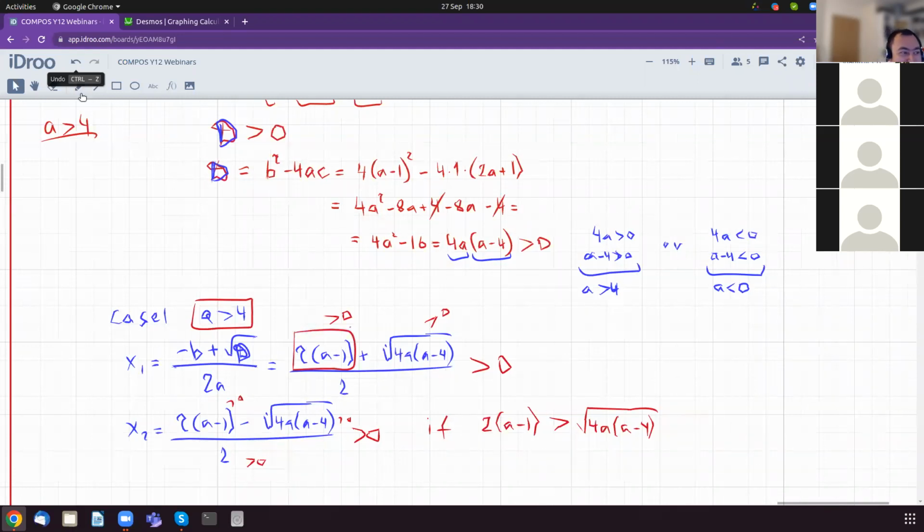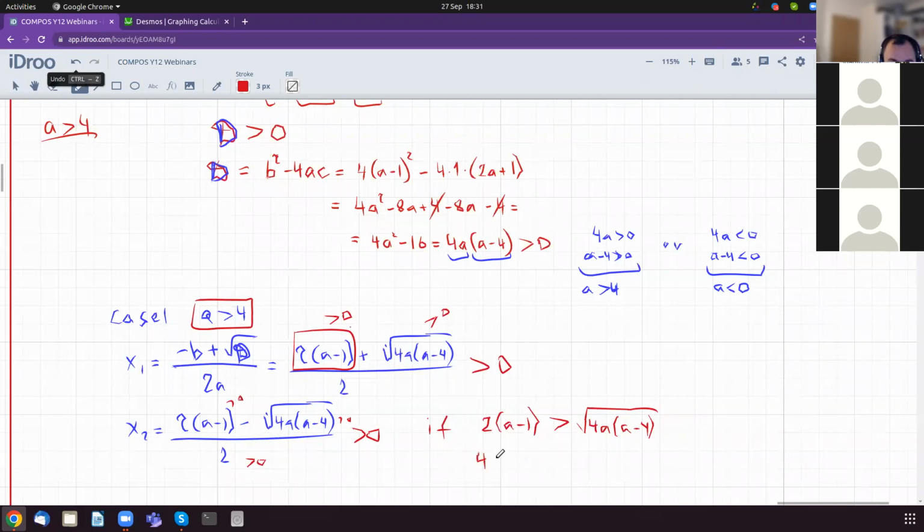Okay, so this is greater than 0 if this is true. So if this number is greater than this number, you would write in the format x greater than y. No, just x greater than y, so no need for extra symbols. So we square this.